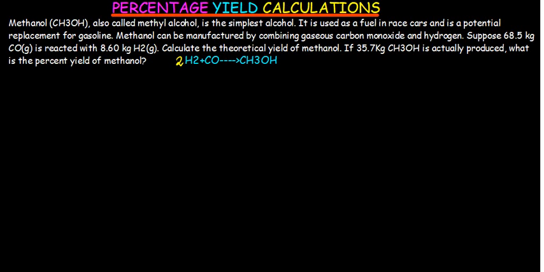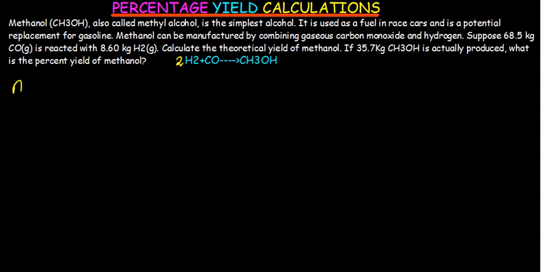So I'm going to use a method of first determining how much methanol is going to be produced when we use the mass of hydrogen given, and how much methanol is going to be produced when we use the mass of carbon monoxide given. The first thing we need to determine is the number of moles of both reactants that have been given.